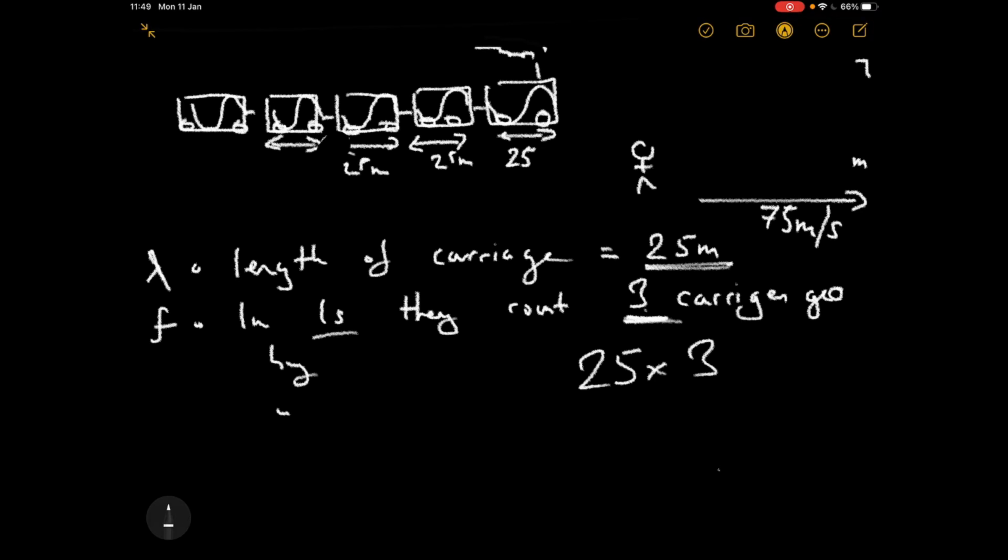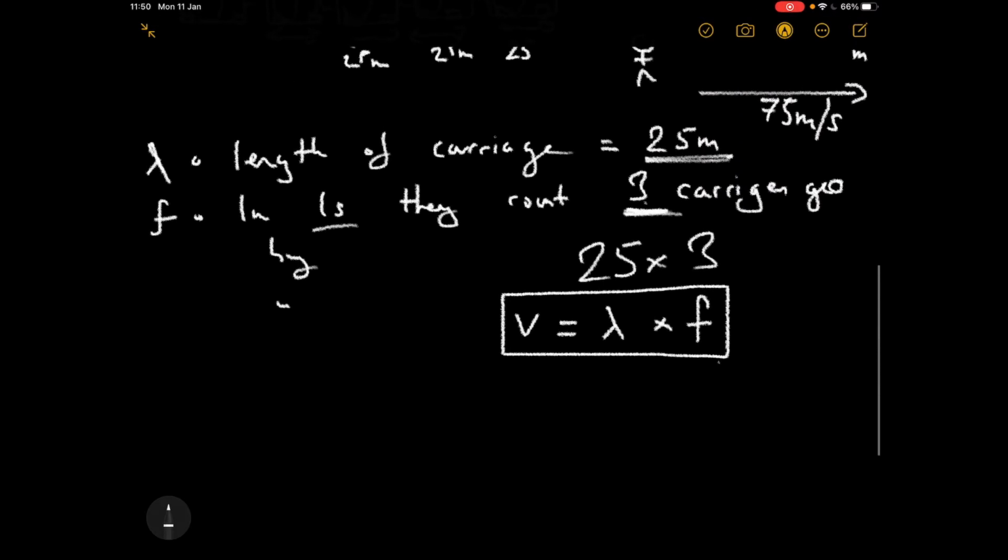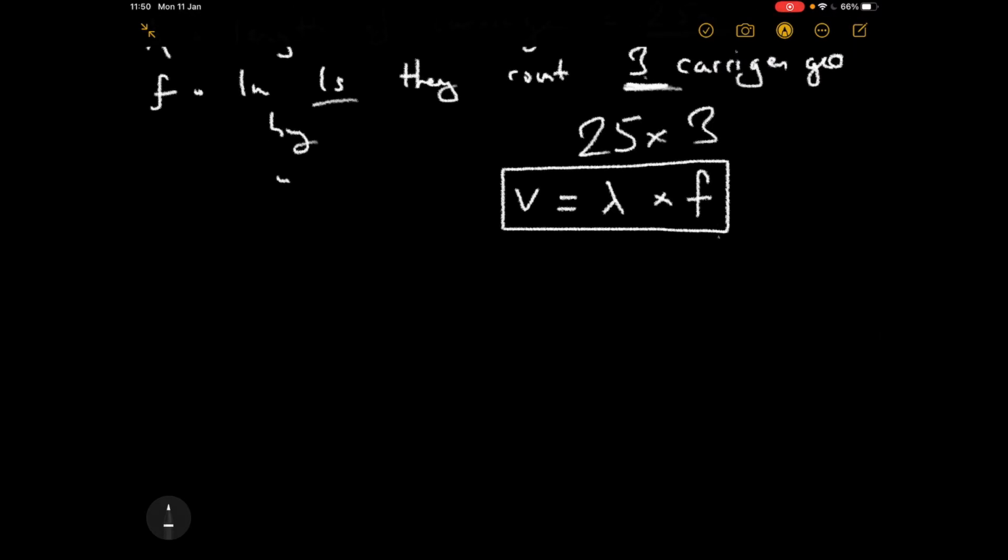So if we think about this in terms of a wave, the 25 is the wavelength, lambda, the 3 is the frequency, f, and multiplying those two things together gave us the speed. That is how we get the speed of waves. It's what we call the wave equation.